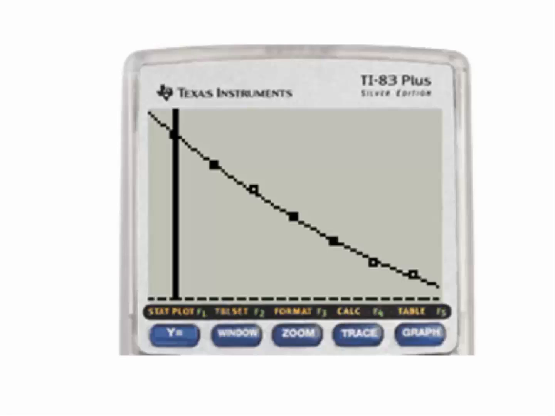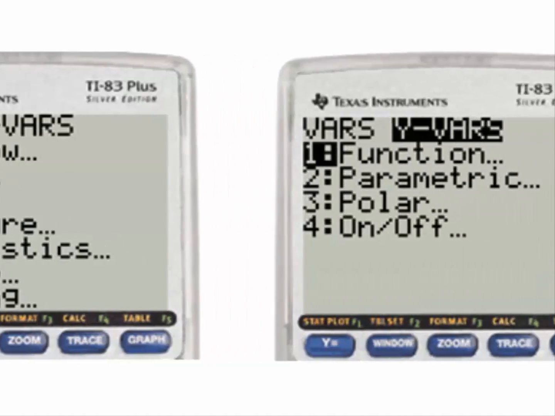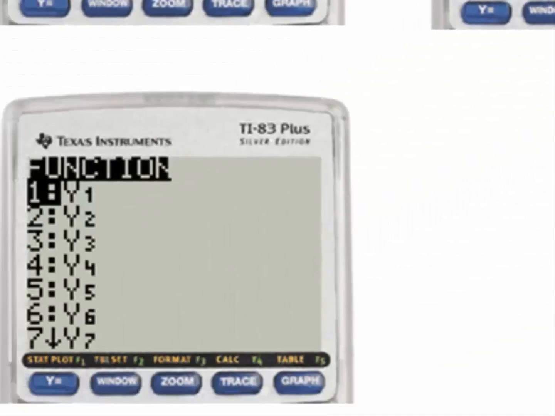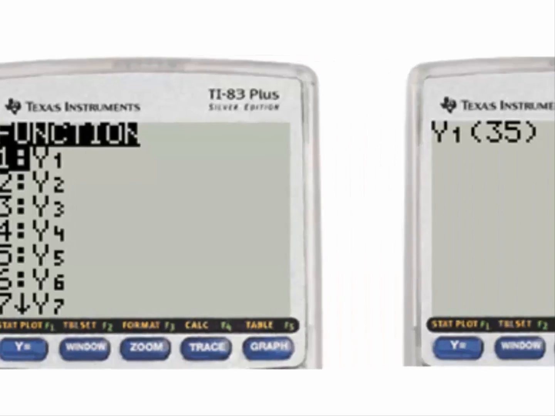Part B, we want to evaluate this model. One way we can do that is using the vars key. Hitting the vars key gives us this window. We right arrow to y vars, and then we hit enter for function. We have the model in y1, so we hit enter again.